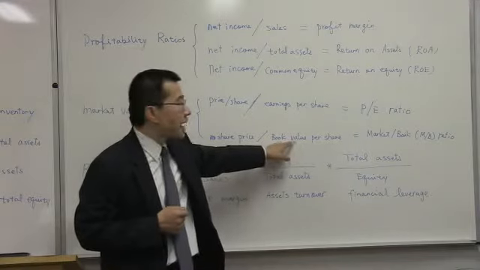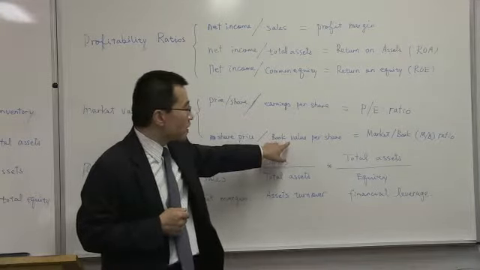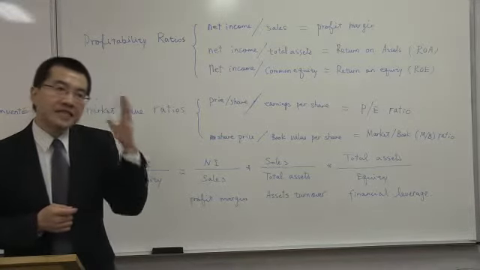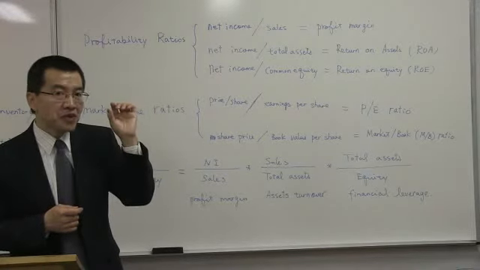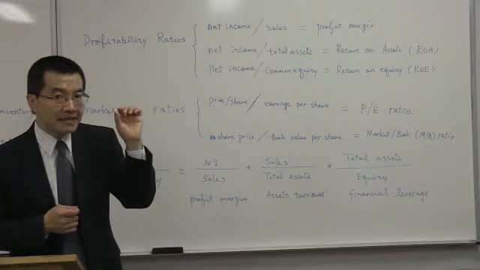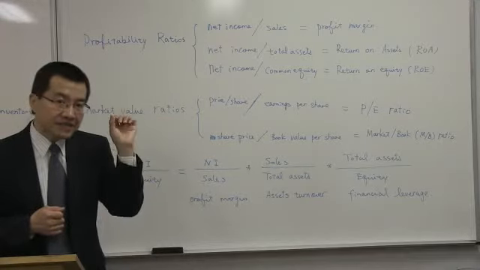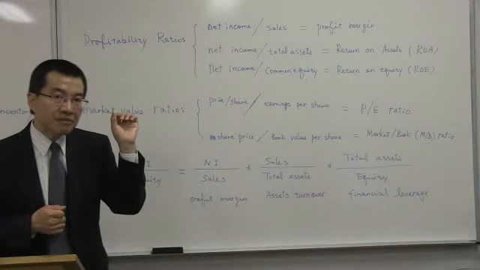Then we have the book value per share. This one usually indicates the replacement value. If you just want to replace the company's assets, what value would you need? And the market value indicates what the company's assets are currently worth in the marketplace.